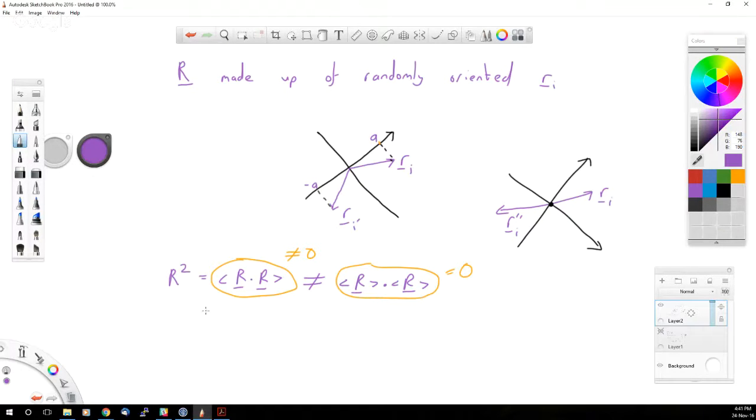So in this one, we end up with R1, all the individual vectors which make it up, to Rn, dotted with itself.